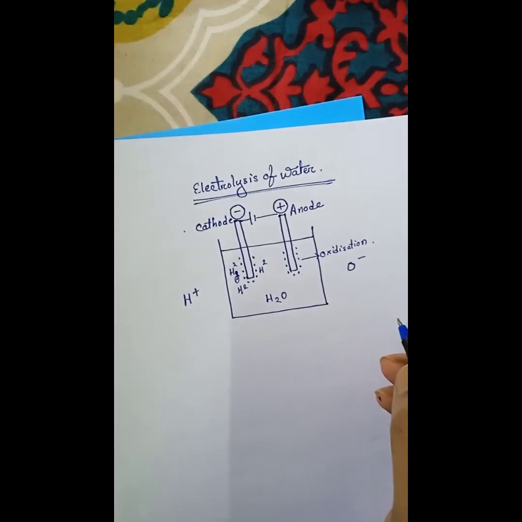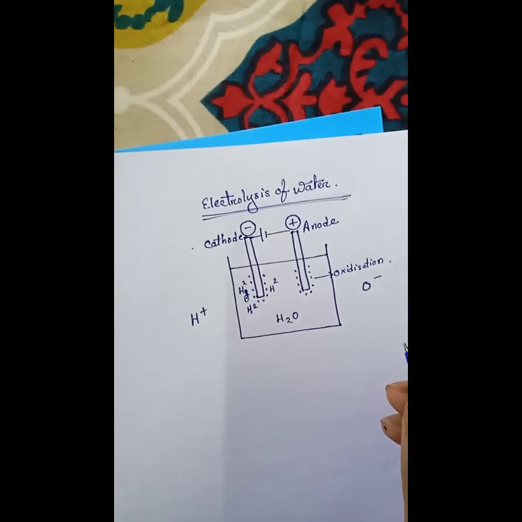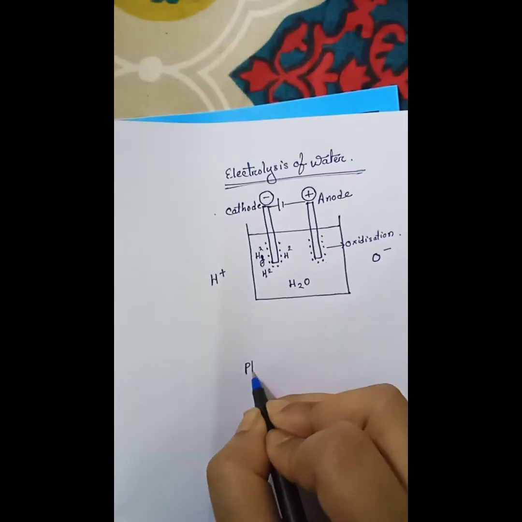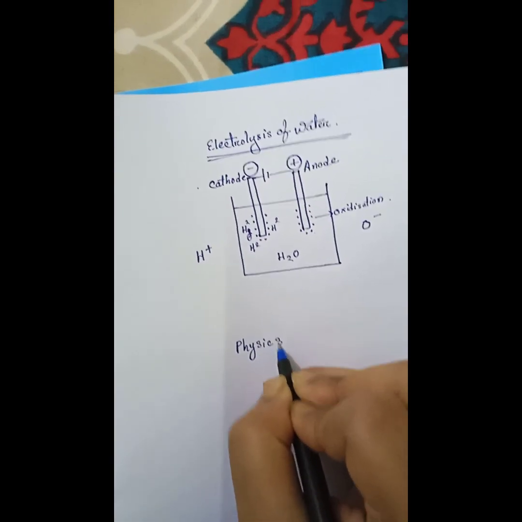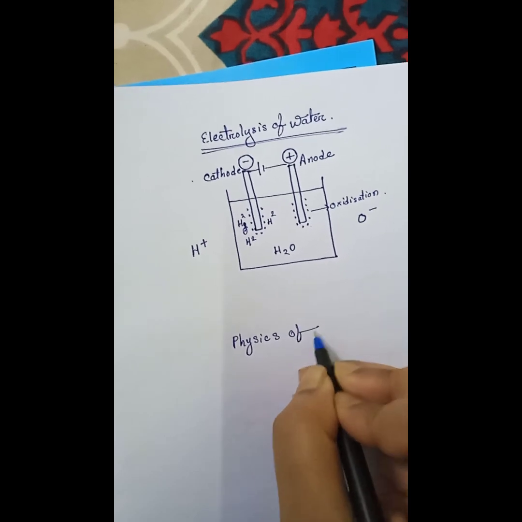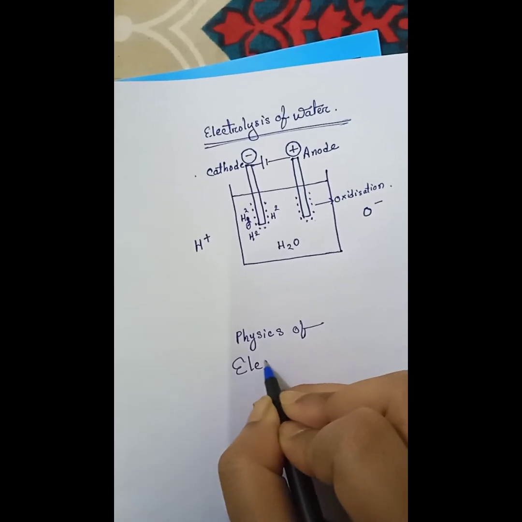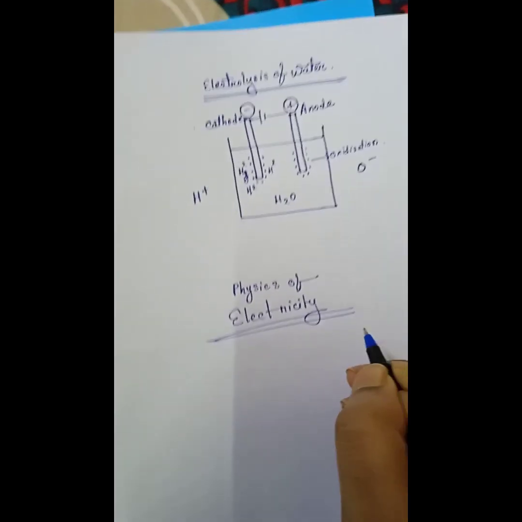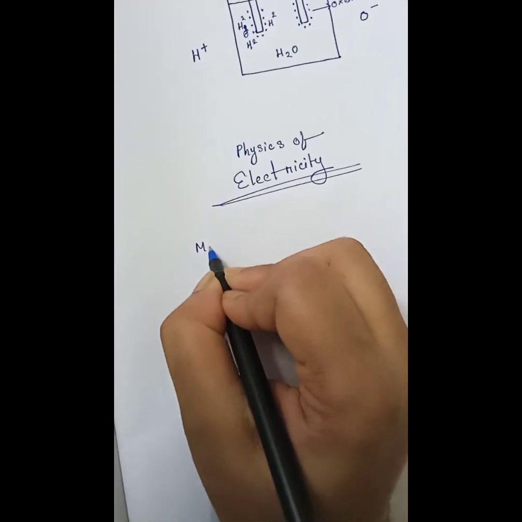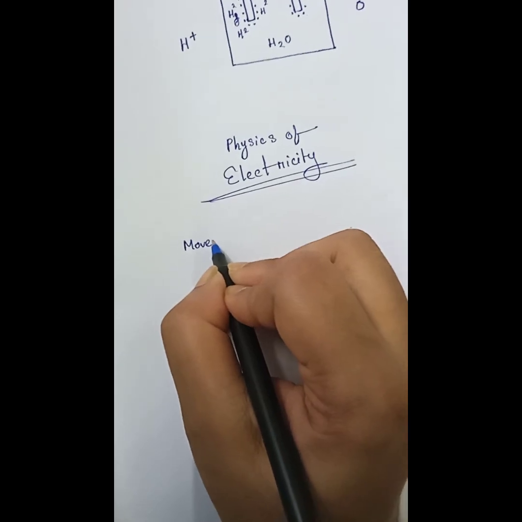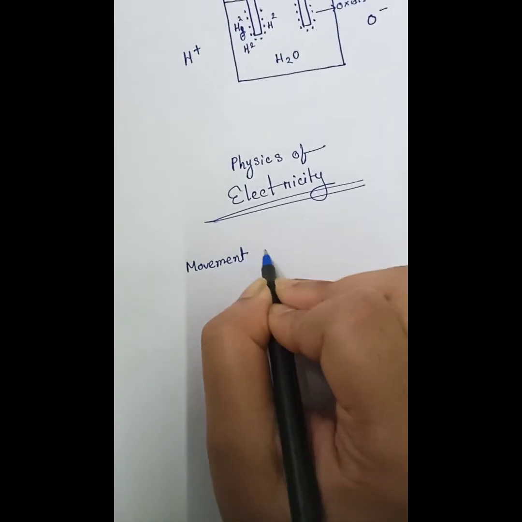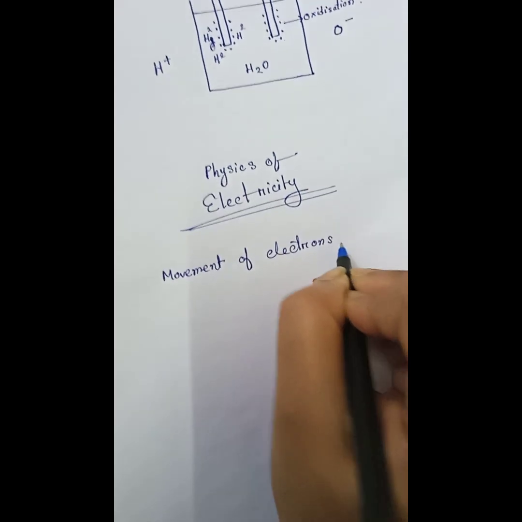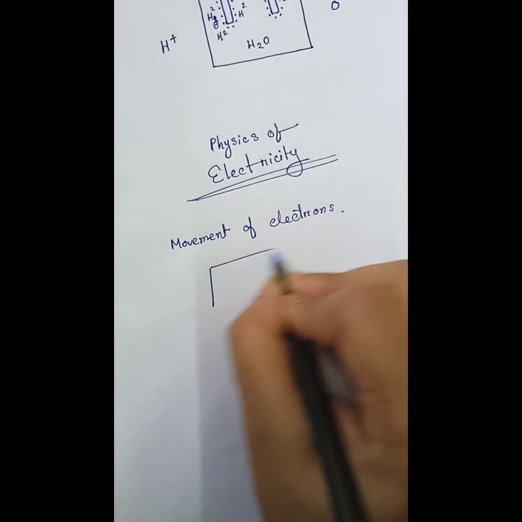From this idea, we can directly jump towards the chapter of electricity. Let's begin with the chapter of physics, electricity. Electricity is nothing but the flow of electrons. The electrons, which are negatively charged, move, and that produces a movement of electric charges in a conductor.